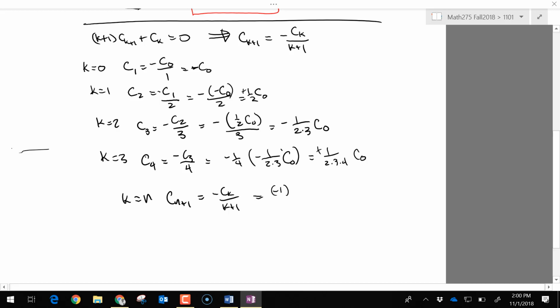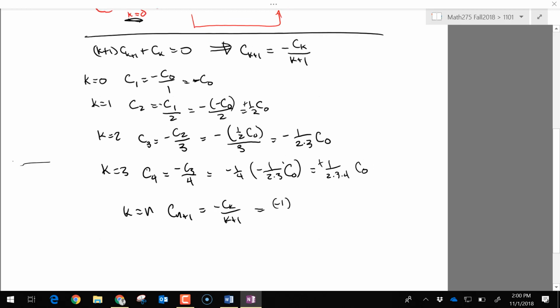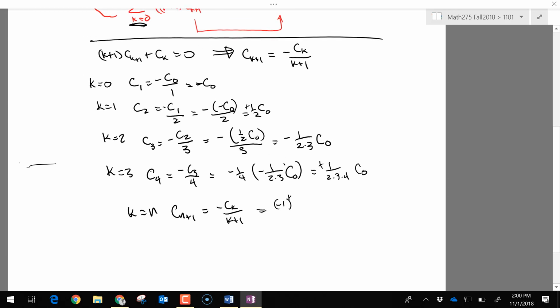So when k is even, this is negative. So this should be n plus 1, I'm sorry, it changed to n. n plus 1 divided by, and then I want to go 2, 3, 4. So what should this be? n plus 1 factorial, right?